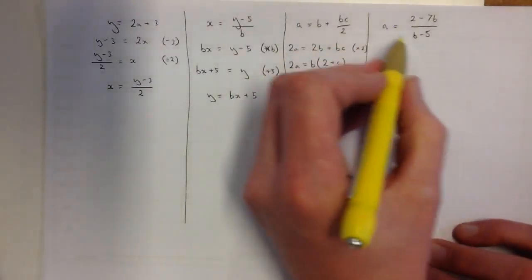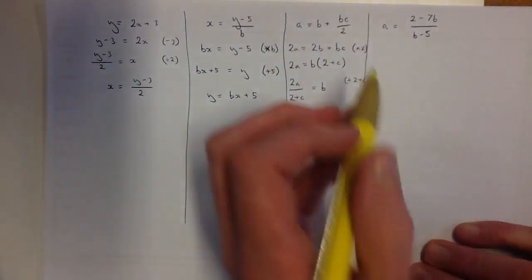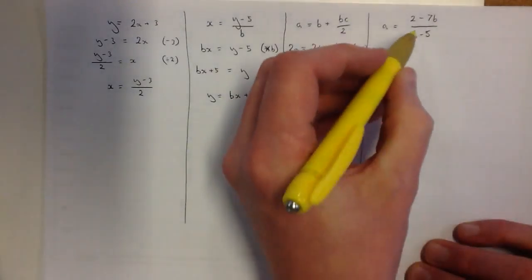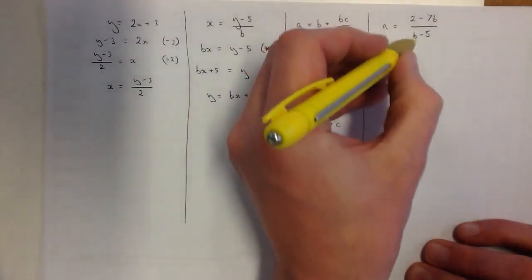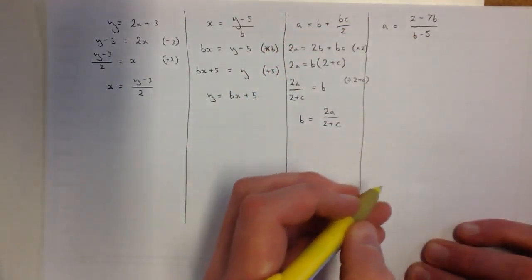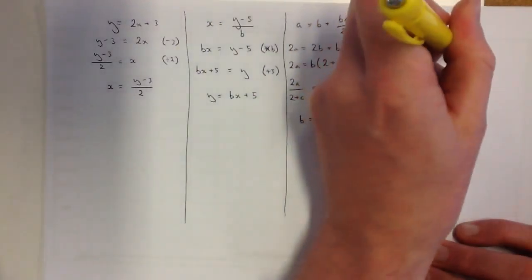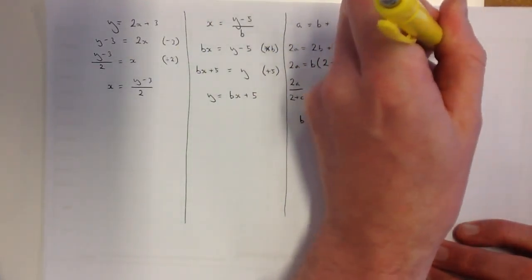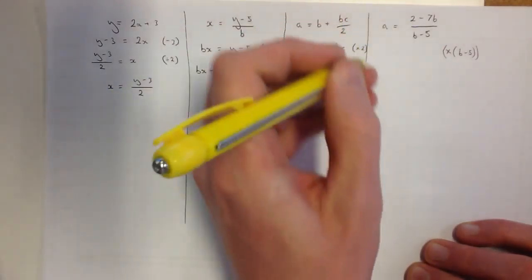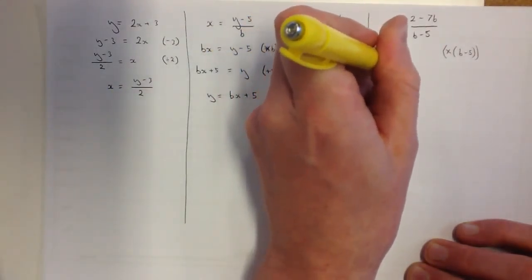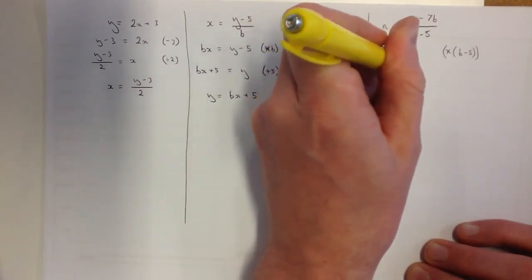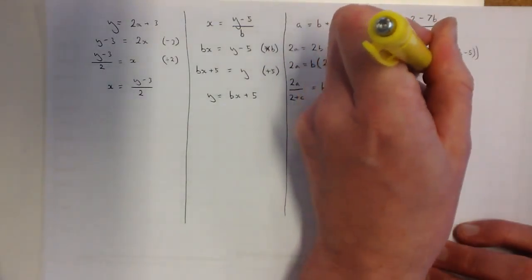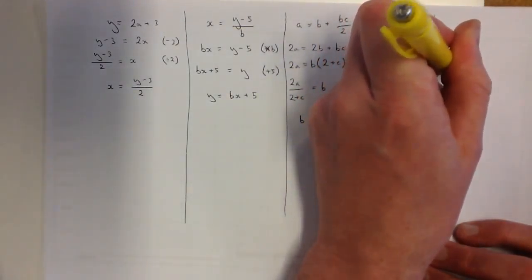Finally, we're going to have a look at this example, which is similar in many ways in the fact that b occurs twice. We want to make b the subject. The nastiest part of this formula is the division by b minus 5. So the sensible thing to do, first of all, is to multiply both sides by b minus 5. That puts on this side b minus 5 times a, and on the right-hand side 2 minus 7b.